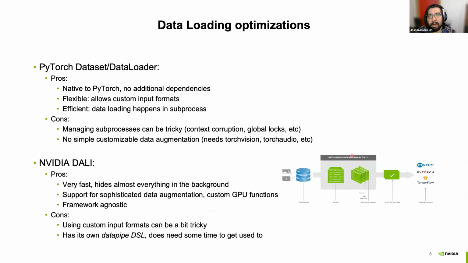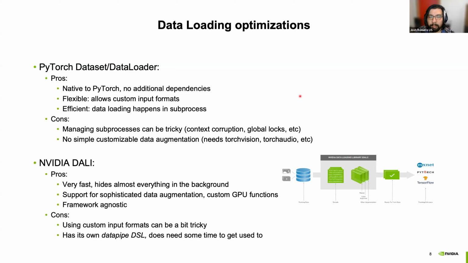So the next section of this talk covers data loading optimizations. These are some slides that were generated by my colleague Torsten, which I will present here. He's very much a PyTorch data loading expert. For PyTorch, there's a native data loader that a lot of you who use PyTorch are familiar with, PyTorch Dataset and DataLoader.